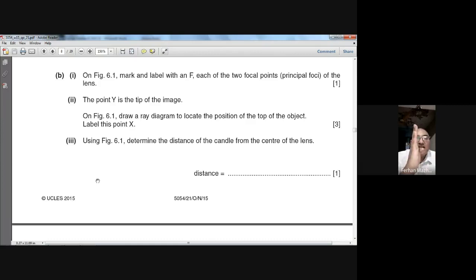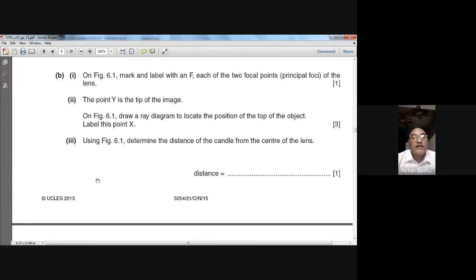So 2.4 centimeter on this side, put a dot on the principal axis and write F there, and 2.4 centimeter on this side of the lens, put a dot on the principal axis and mark it as F.